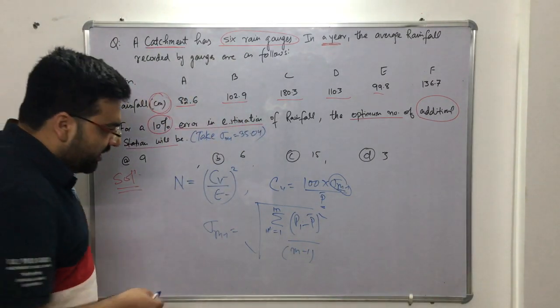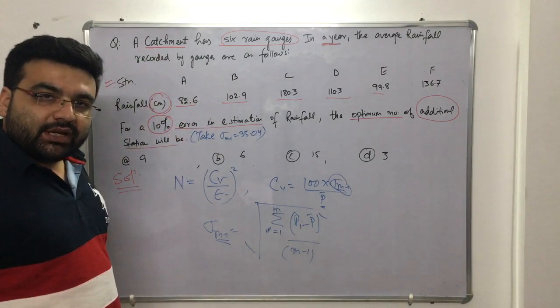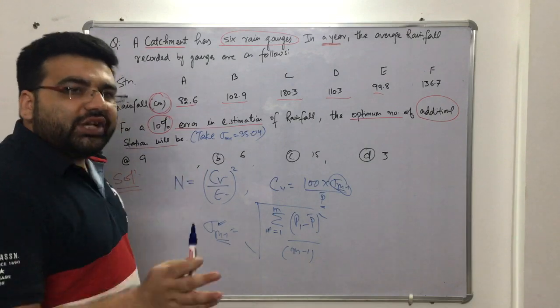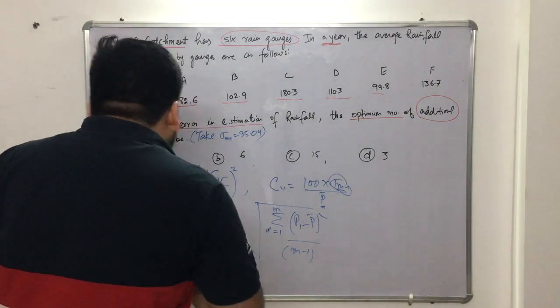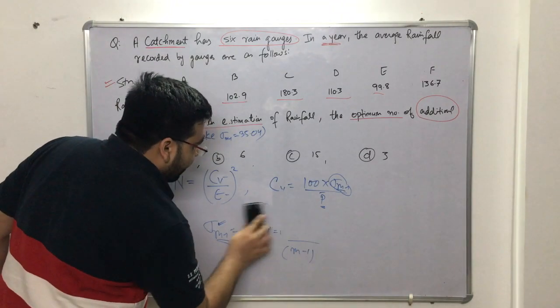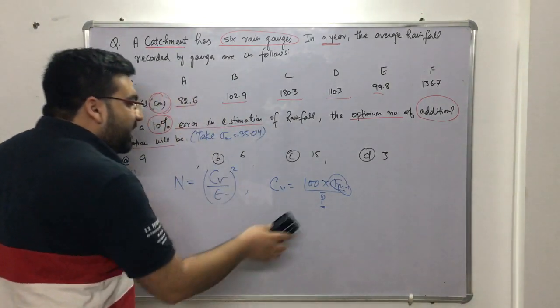I have already told you that this is the standard deviation for m stations. Clear? Now let us solve, because the standard deviation is given to us, so no need to bother at all. Just apply the formula and let's get the answer. The main task in this question is to determine p bar.